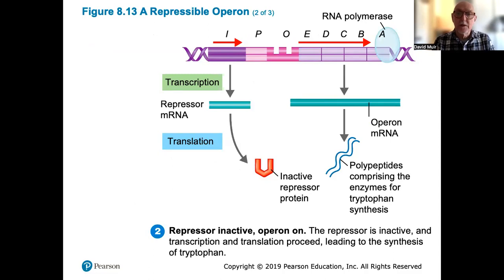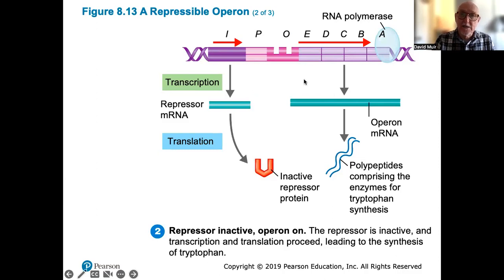It's going to be responsible for tryptophan synthesis, not catabolism, but an anabolic reaction, synthesizing tryptophan, which is an amino acid which is needed by the cell at certain concentrations. But when its concentrations are high enough or there's no demand for tryptophan, you want to be able to switch this gene off. So this is the way it works.